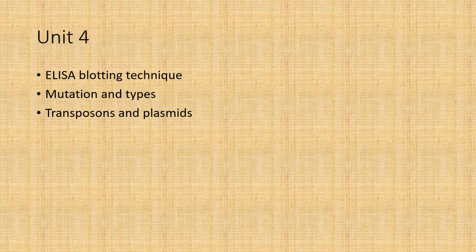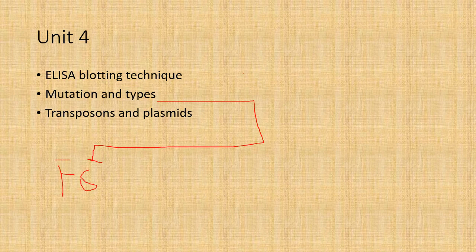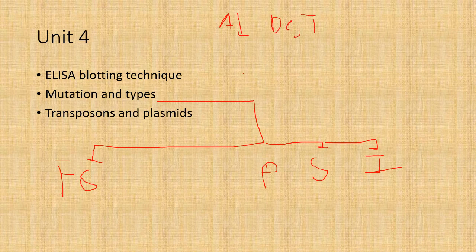Mutation is basically change in the chromosomal or the sequence of the DNA. Mutation could be either frame shift or point mutation. There could be spontaneous, they could be induced, they could be either due to addition, deletion, transversion, replacement or substitution, inversion.